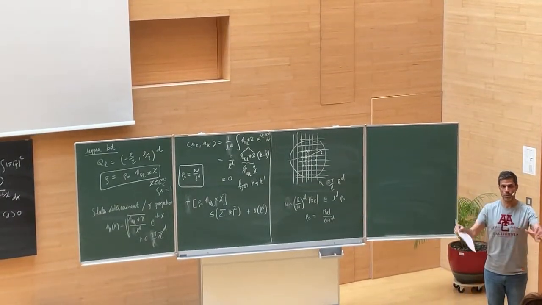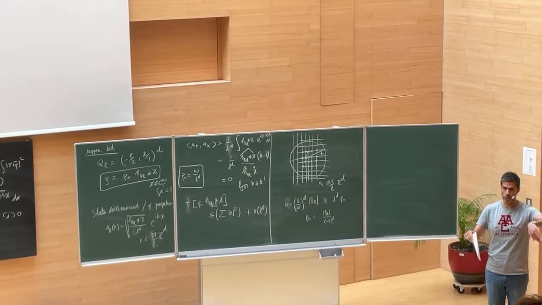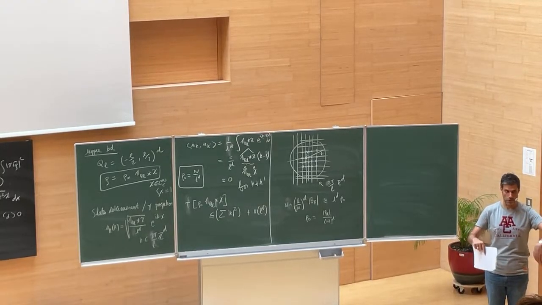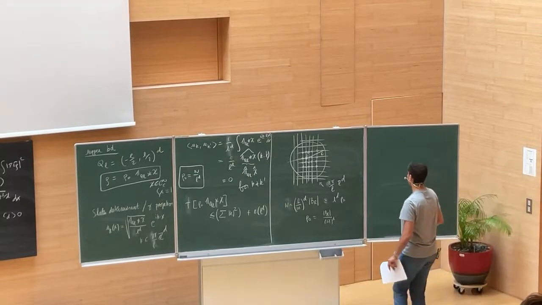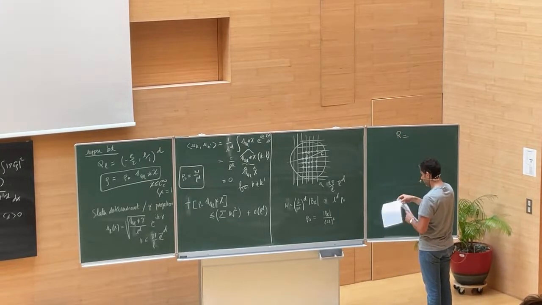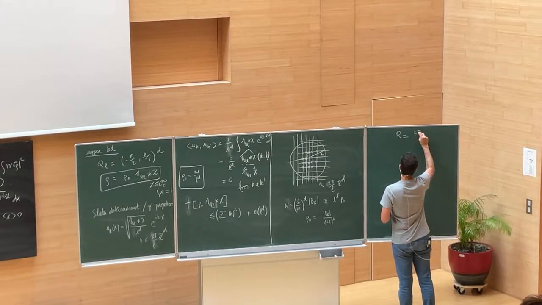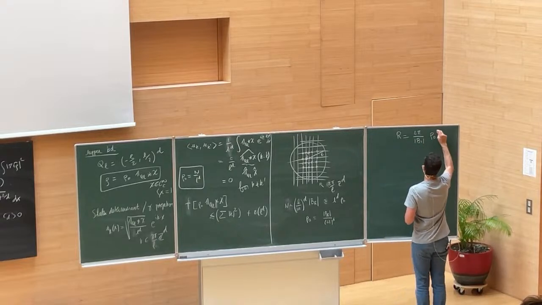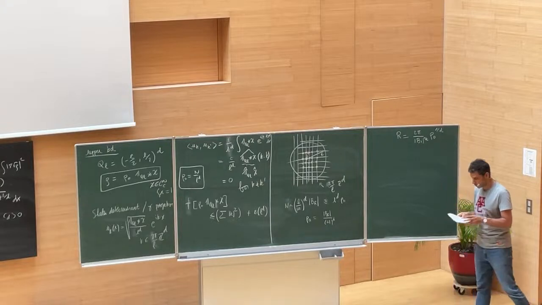Okay, so that's the radius of the ball, which you have to fill completely, more or less, if you want to achieve a certain number of points per unit volume, which is the ρ0 you had fixed before. So you get the formula that r is 2π over the unit ball volume times ρ0 to the 1 over d.